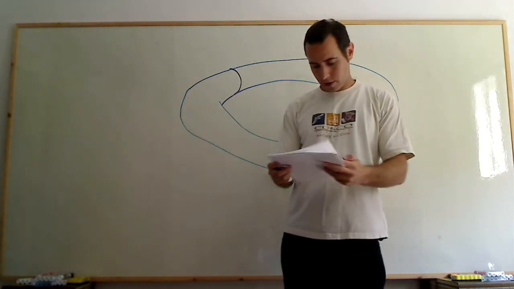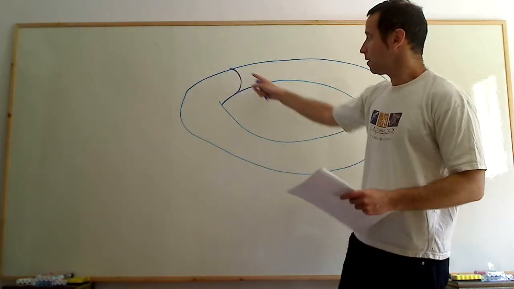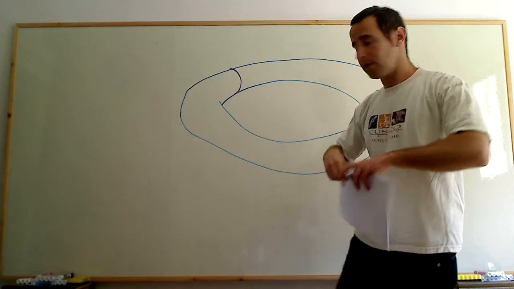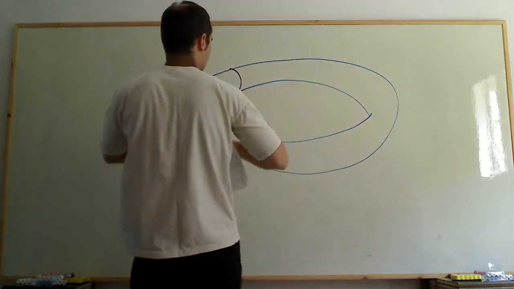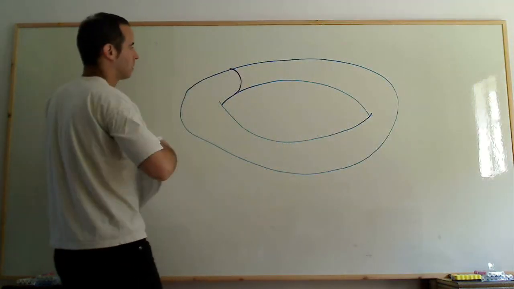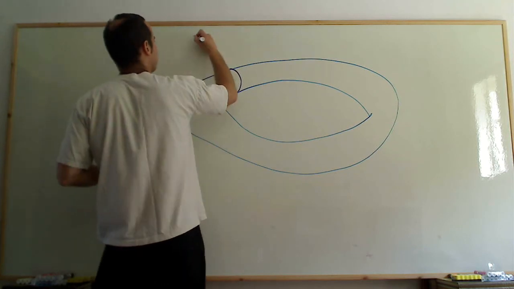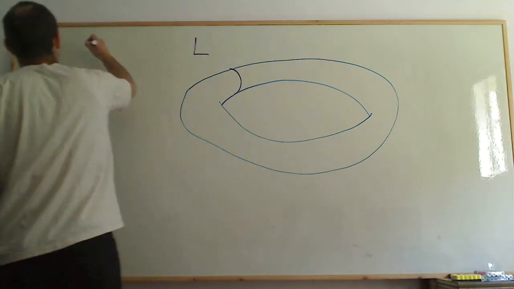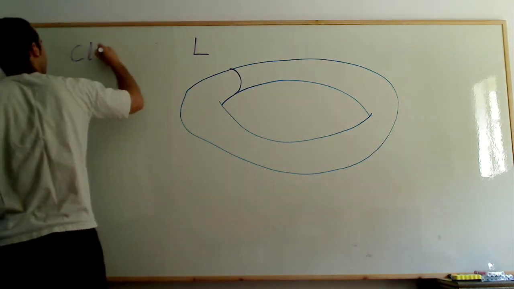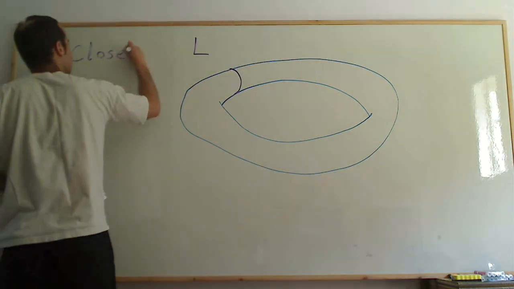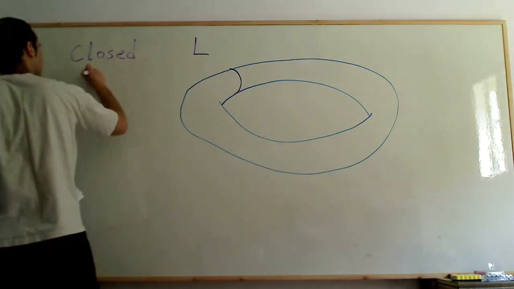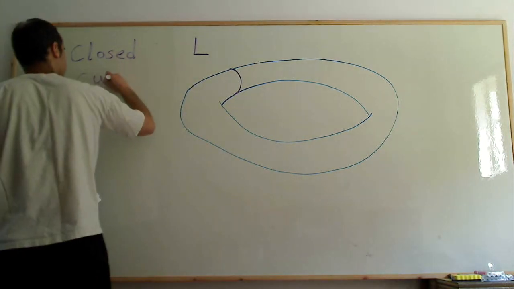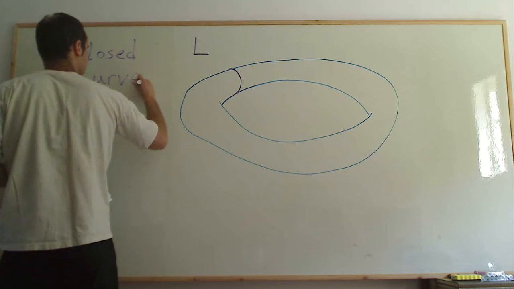So, and if we call this one L, okay, this closed curve is called L. Closed curve L.